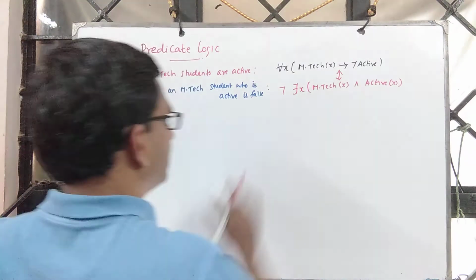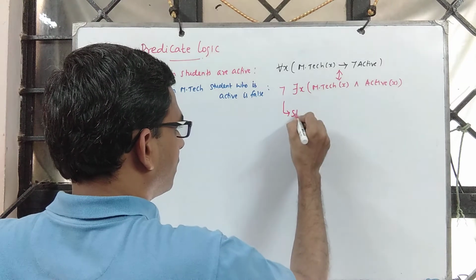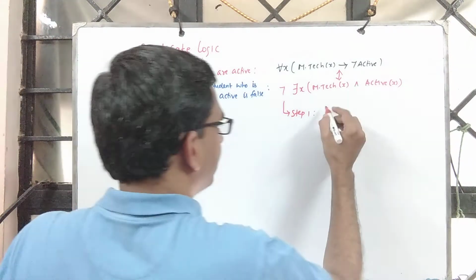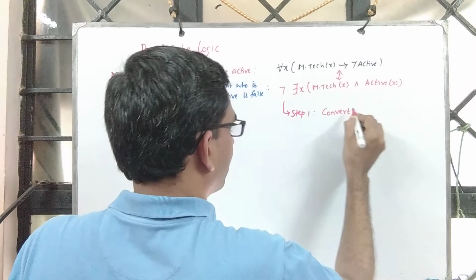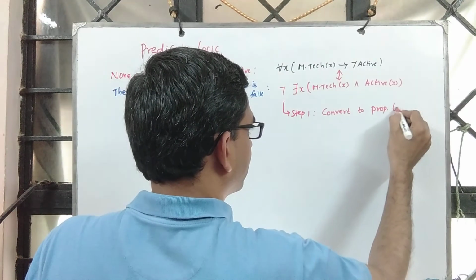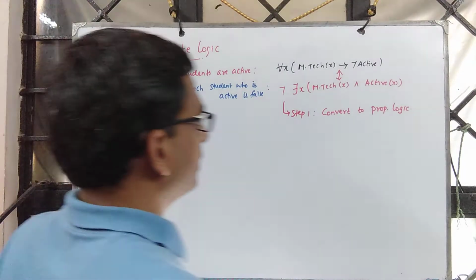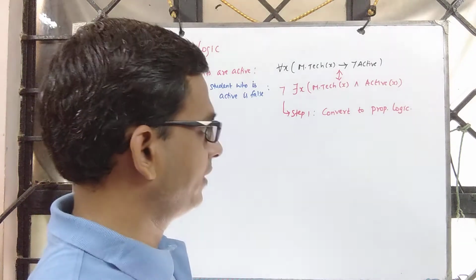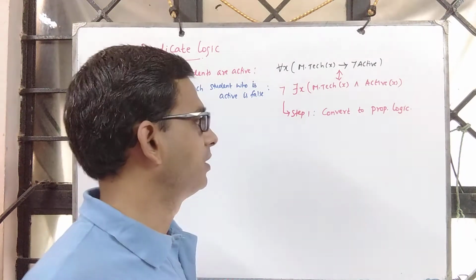So to prove this, the first thing is we need to convert this into propositional logic, because the well-known implications or equivalences which we have discussed are all in the context of propositional logic.